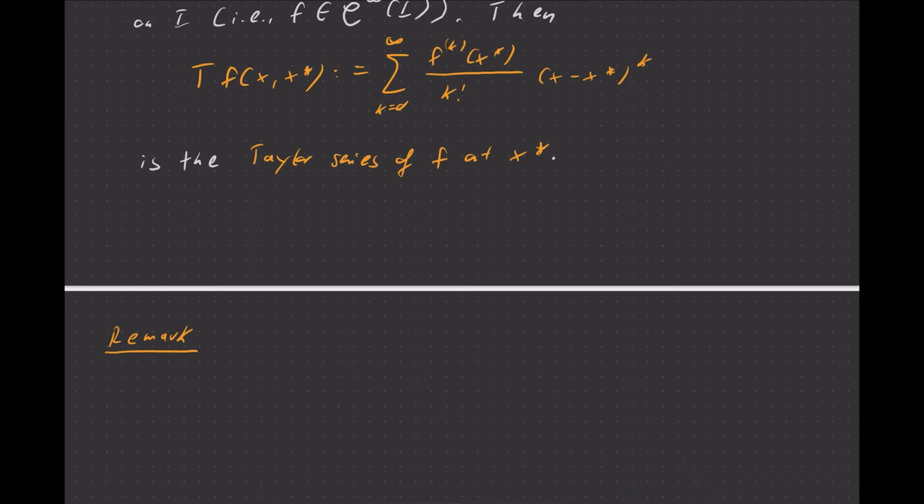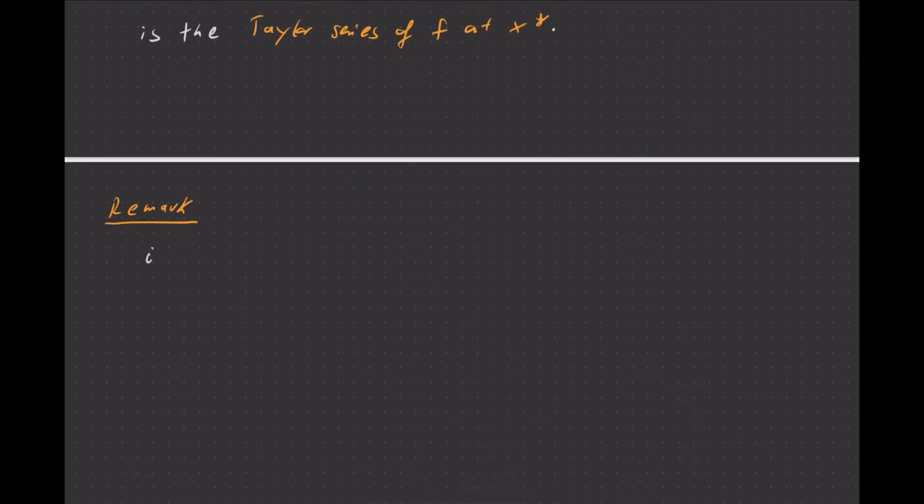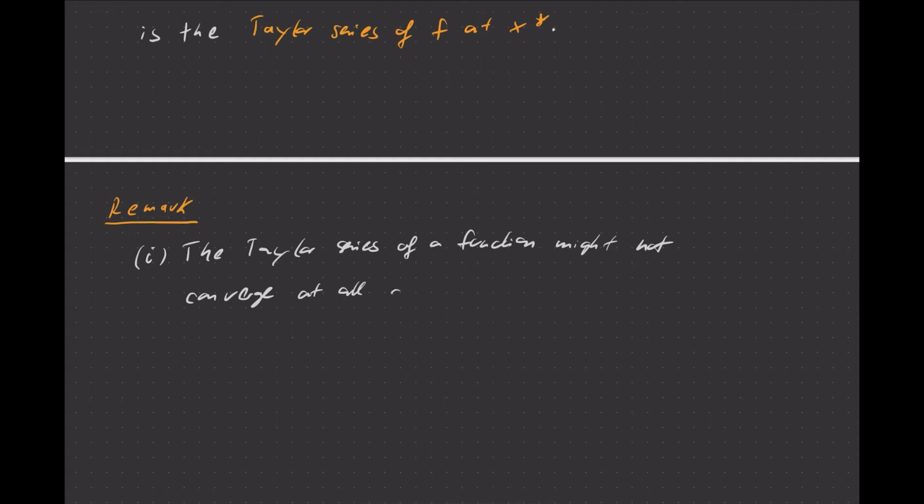So that's the first point of our remark here. The Taylor series of a function might not converge at all at points other than x equals x star.